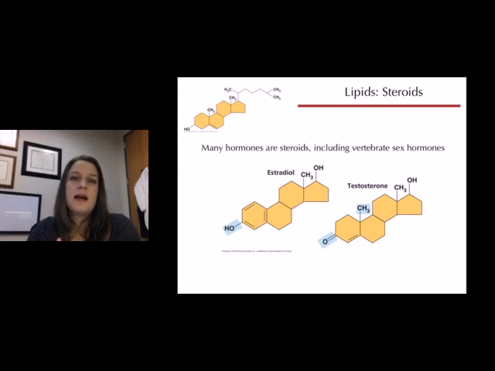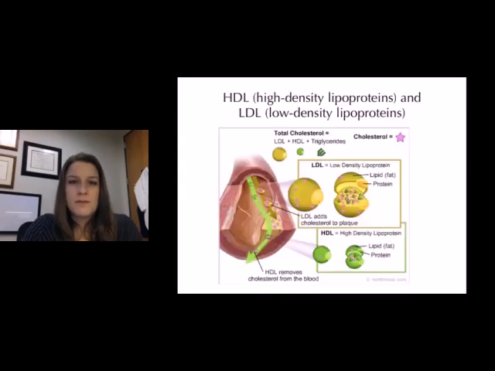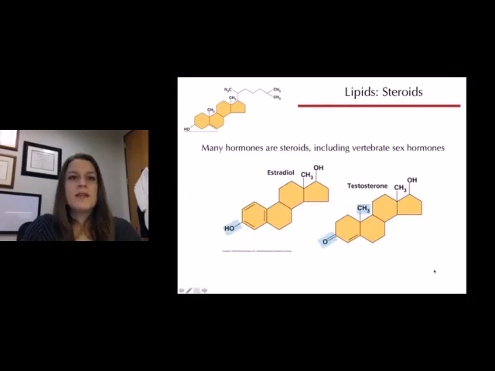They include a number of hormones, with estradiol and testosterone as examples. And so overall, the hormones are regulating, coordinating systems, and the cholesterol is in the cell membrane of animals only. Okay, that's all I want to go over for now. Three types, what they look like, and what their functions are.